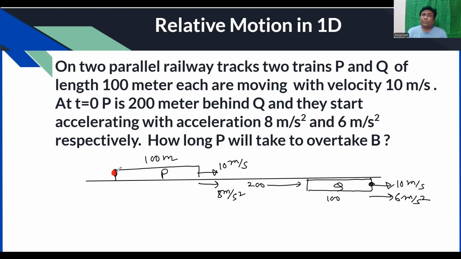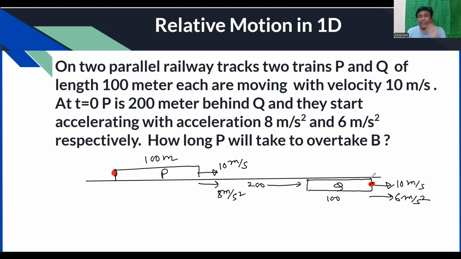When the tail of P overtakes the head of Q, then only I can say that P is overtaking Q. Are you getting it? Say this is one, this is another, okay? So it will overtake only when the tail of the train P crosses or overtakes the driver of the train Q. Yes or no?